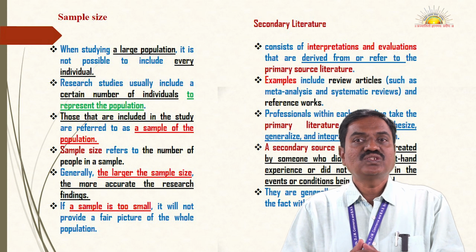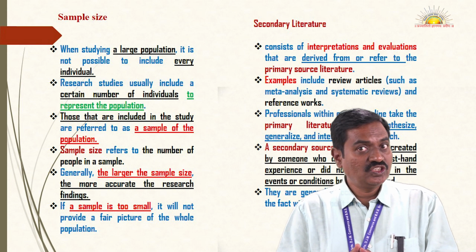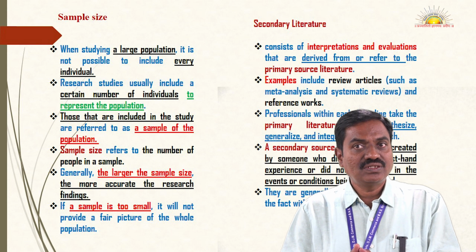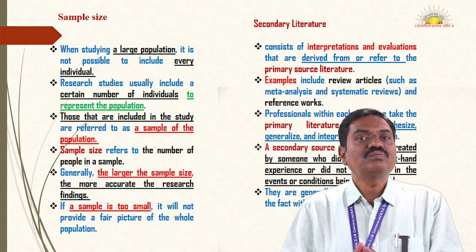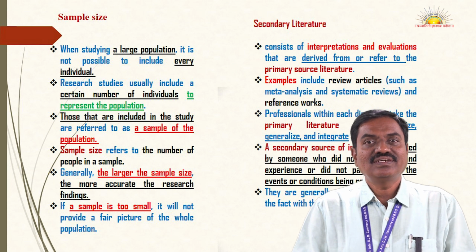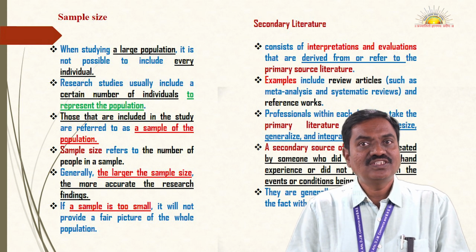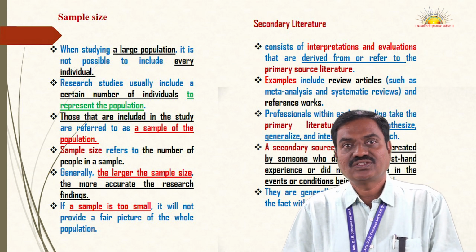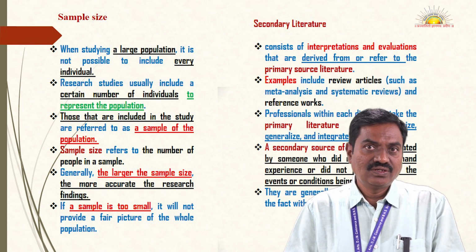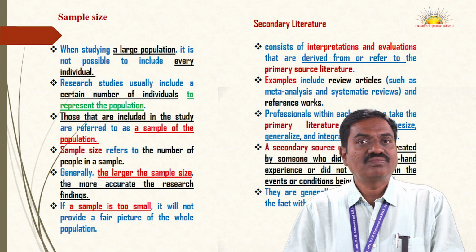A secondary source of information is one that was created by someone who did not have first-hand experience or did not participate in the events or conditions being researched. They are generally accounts written after the fact with the benefits of hindsight.